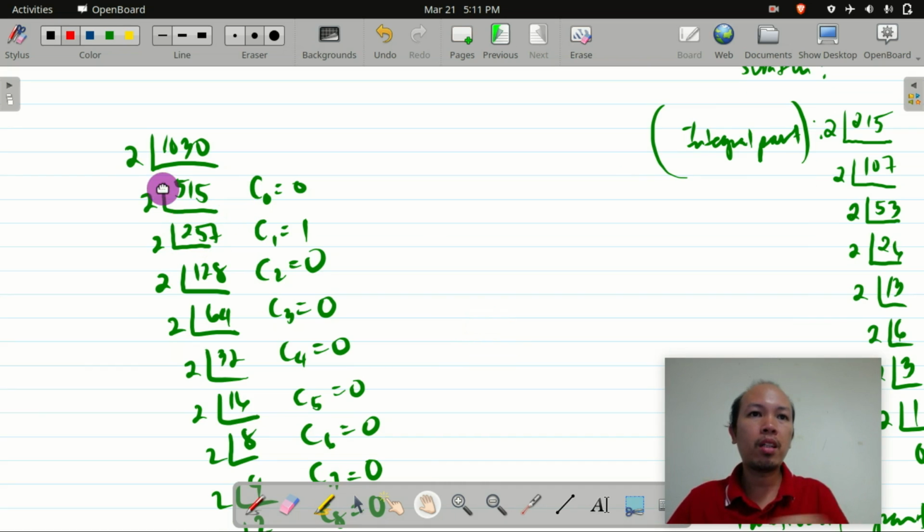1030 divided by 2 is 515. Quotient, remainder is 0. Let me check this one. 515 divided by 2, 257.